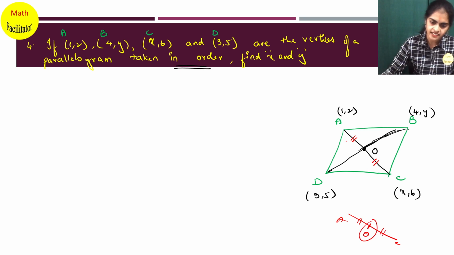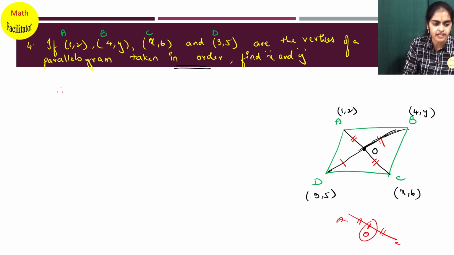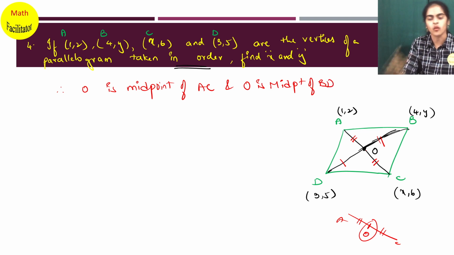Similarly, BD is bisected by AC, so OD equals OB, which means O is the midpoint of BD. Therefore, O is the midpoint of AC and O is the midpoint of BD.